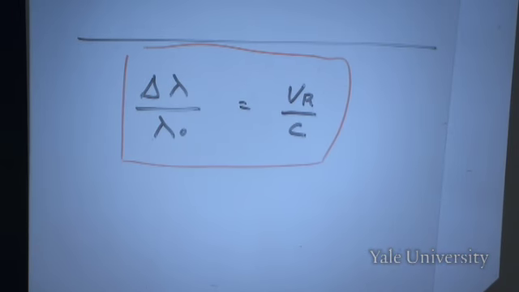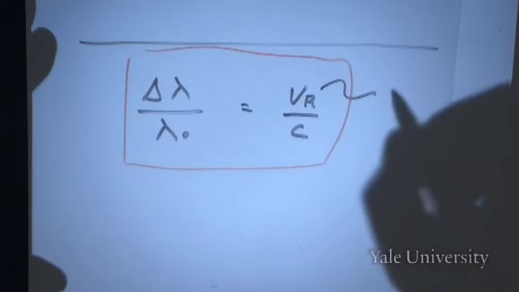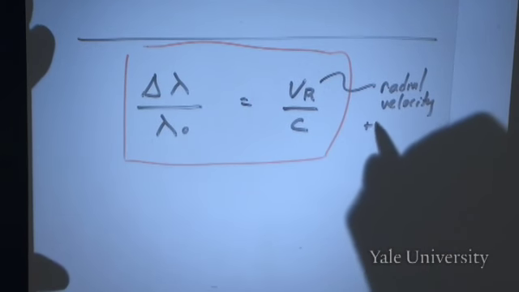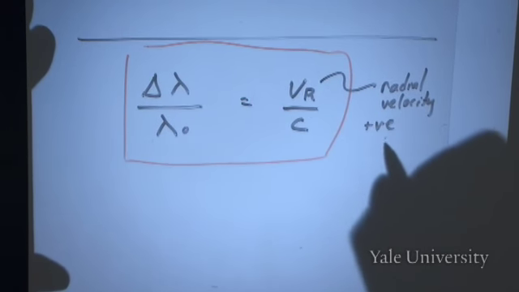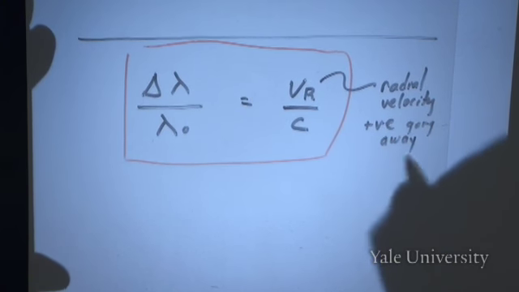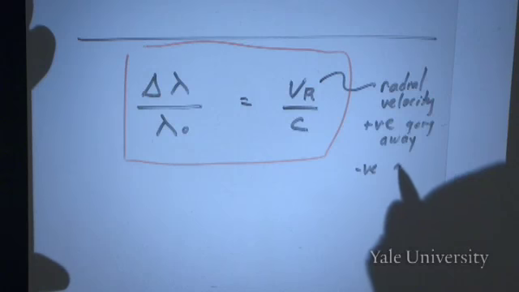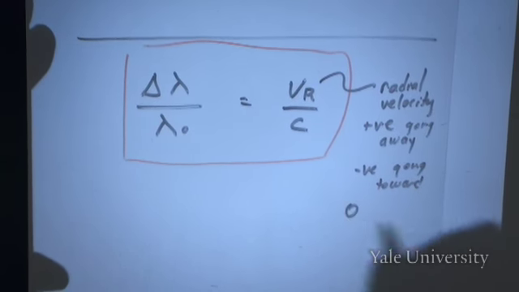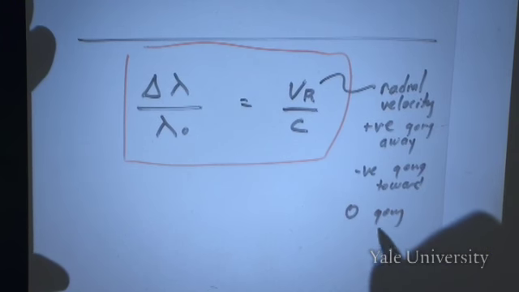And the terms mean the following things. This is radial velocity. It's positive when it's going away from you. It's negative when it's going towards you. And it's 0 when it's going sideways.